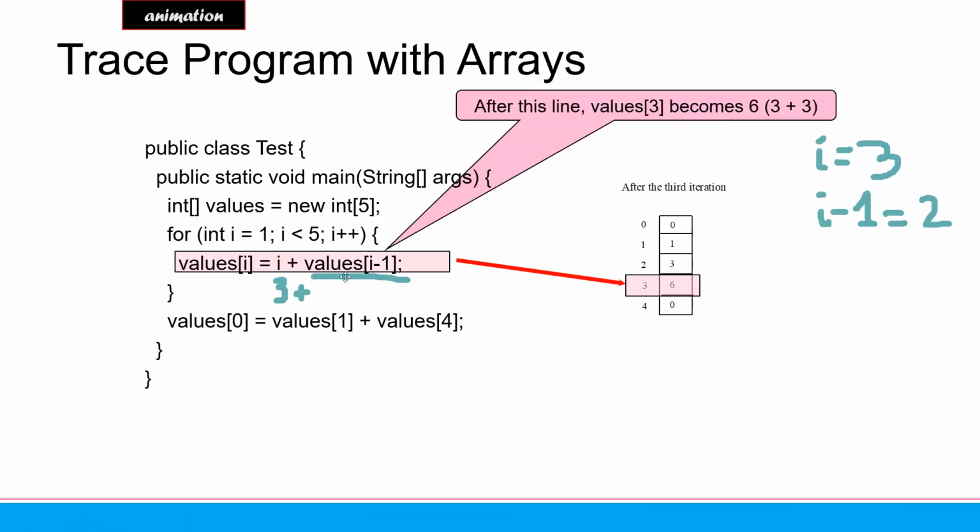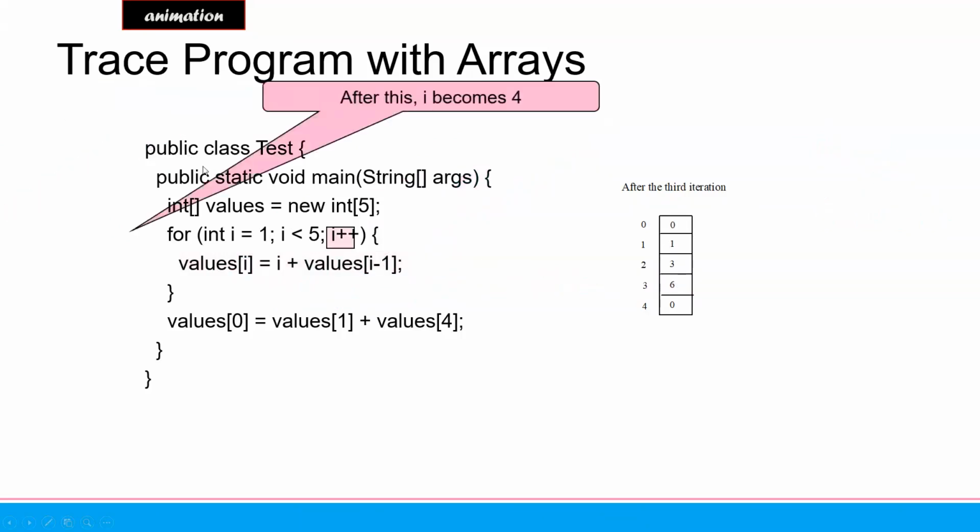Values in index 2 is 3. Then 3 plus 3, so the result is 6. So we put 6 into the index 3.